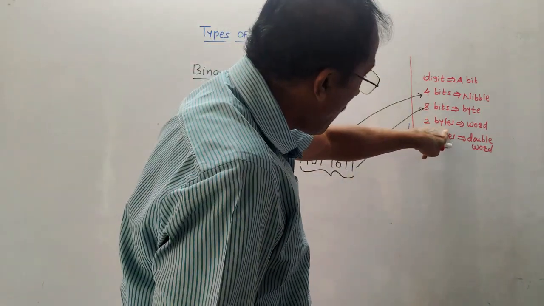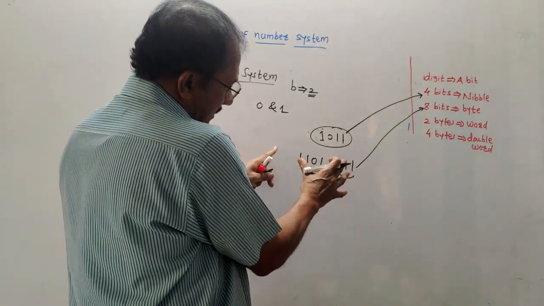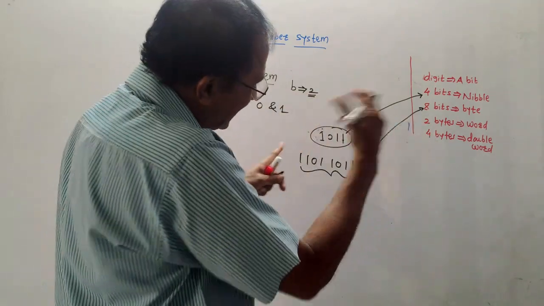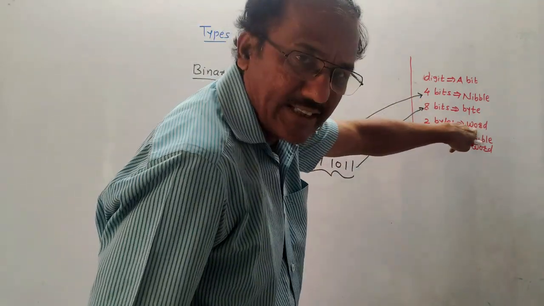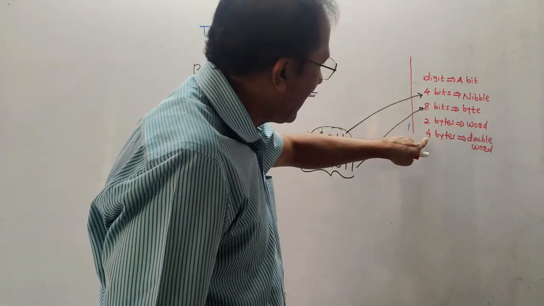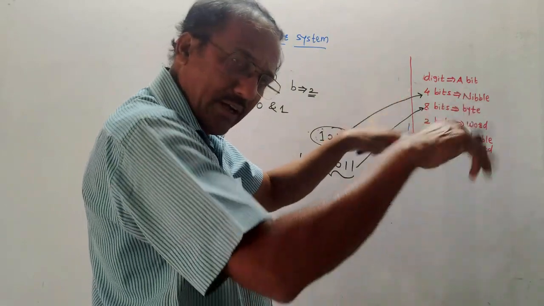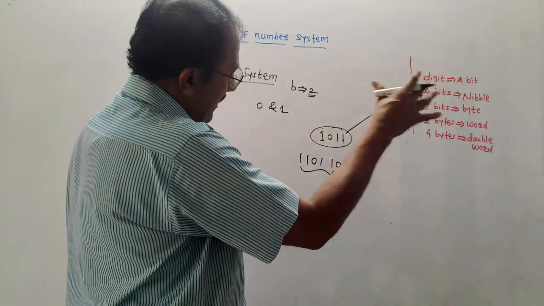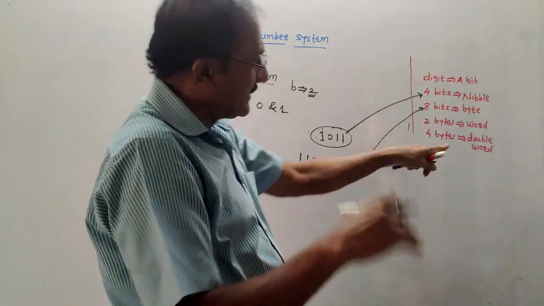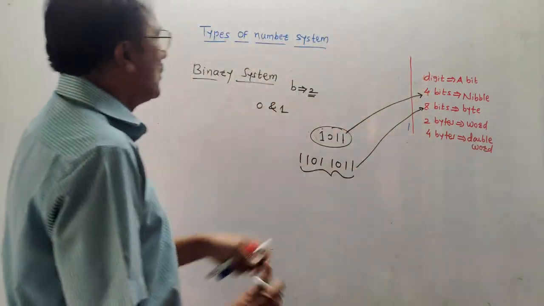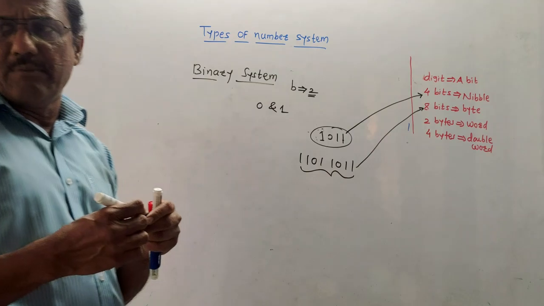Then if there are 2 bytes, that means 16 bits, each byte representing 8 bits, it is known as a word. And if there are 4 bytes, that means 2 words, in other words 32 bits, then it is known as a double word. So these are the different terminologies used in the binary number system.